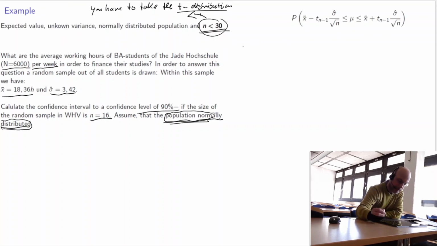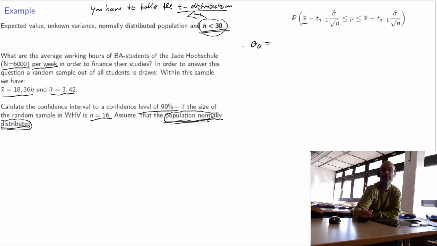What we have already is theta A equals x bar in our case. Well, this is our estimator from our random sample.